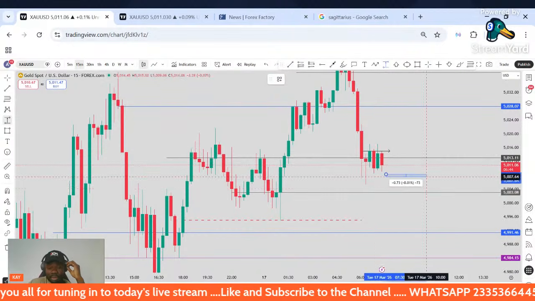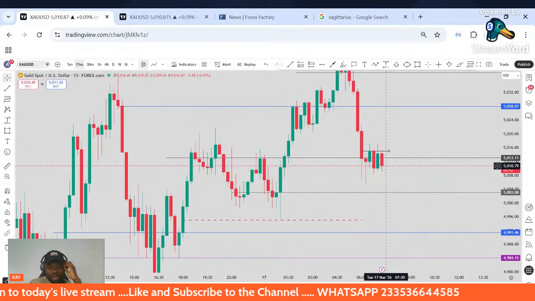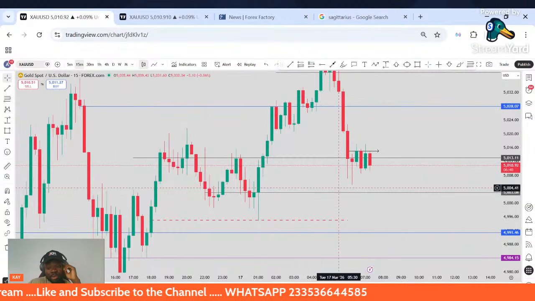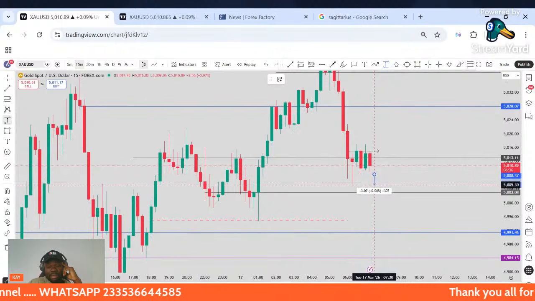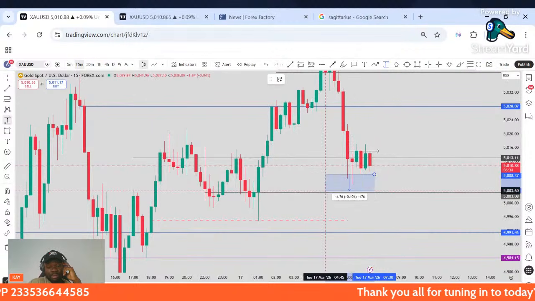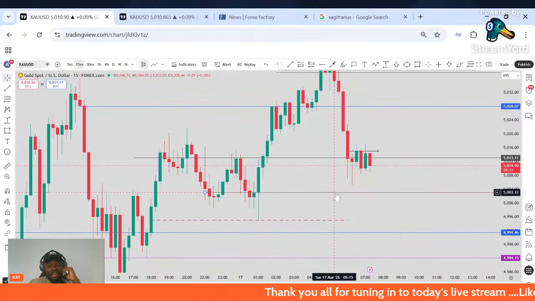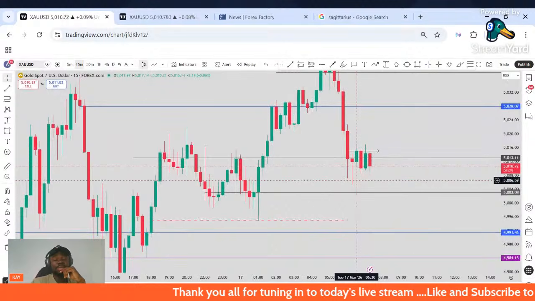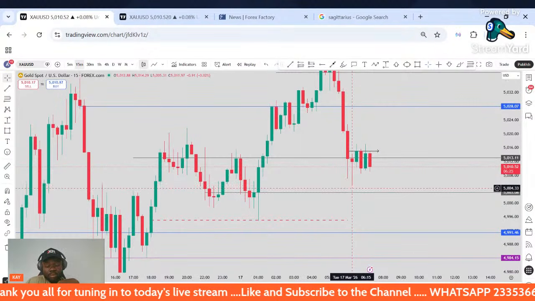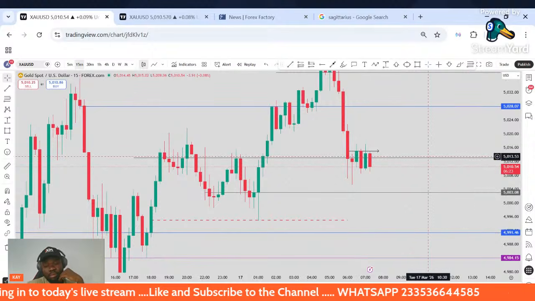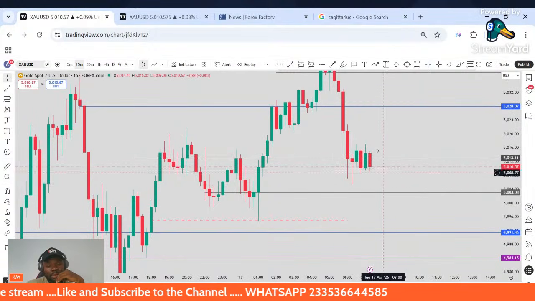So until the candle closes, in the next 6 minutes, this candle is going to close. The sell would have made sense, but I'm sample sizing this chart during the London session. So let's see how it goes. But the candle needs to close.